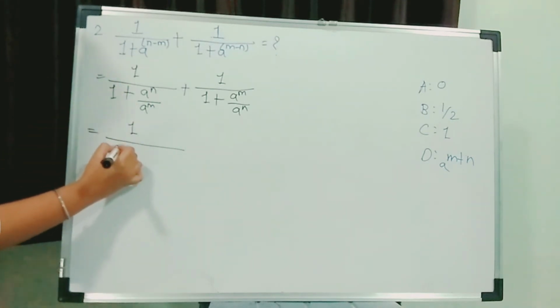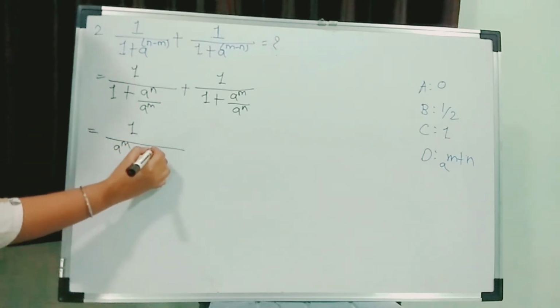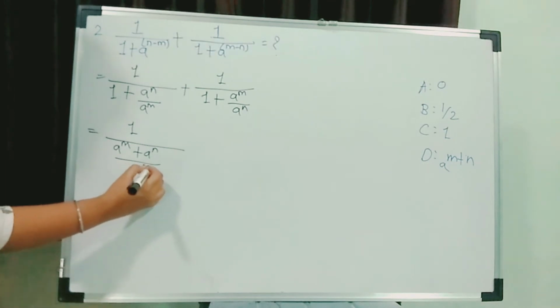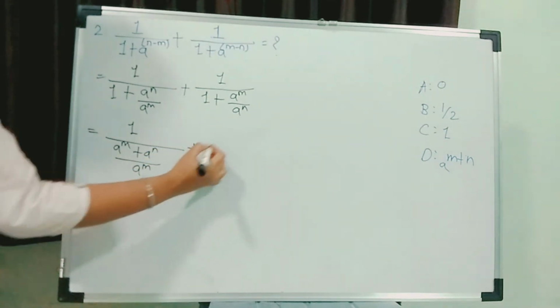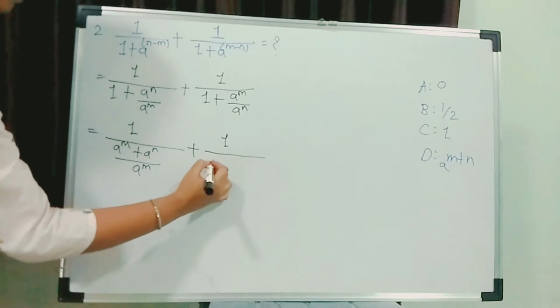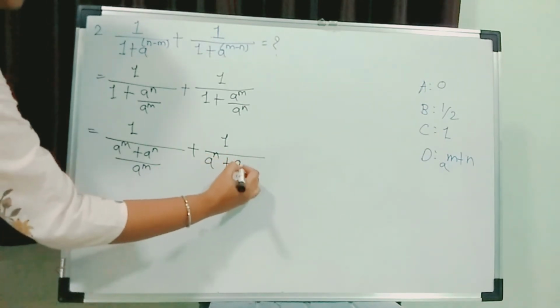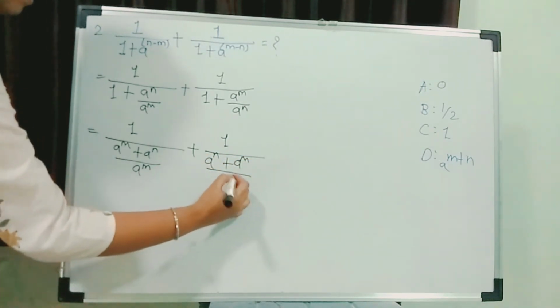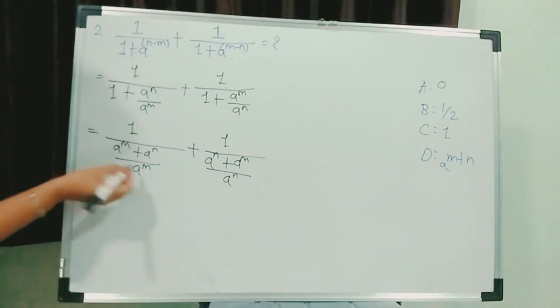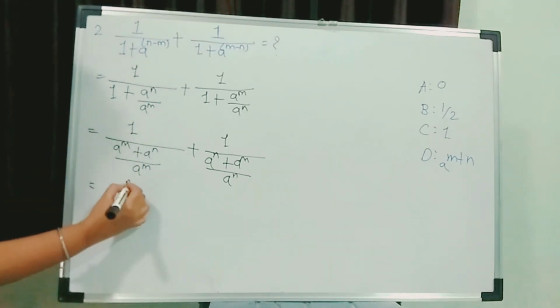Cross multiplication, a raised to m plus a raised to n upon a raised to n. A raised to n, this will go up, a raised to m.